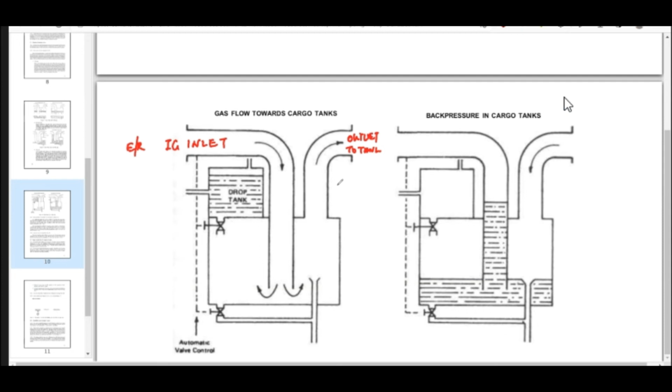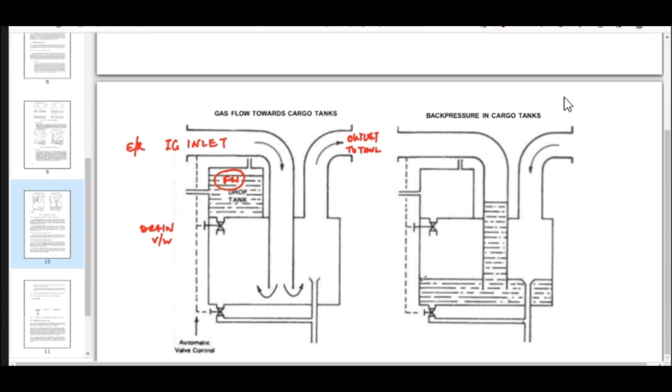Now, when the IG plant is stopped and there is no pressure here, what happens? This can be a freshwater tank. This freshwater tank will have a drain valve here, which will drop the liquid into the chamber.